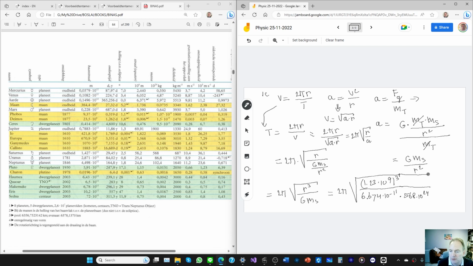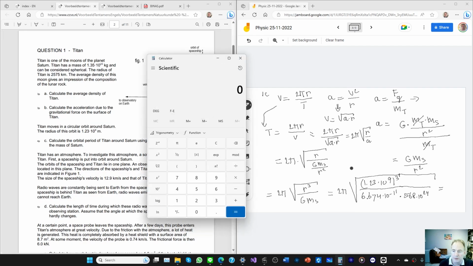And this whole square root we need to expand as well. So let's first do the expression of the square root: the radius cubed divided by the gravitational constant and then the mass of Saturn, and the square root, and then times 2 times pi.